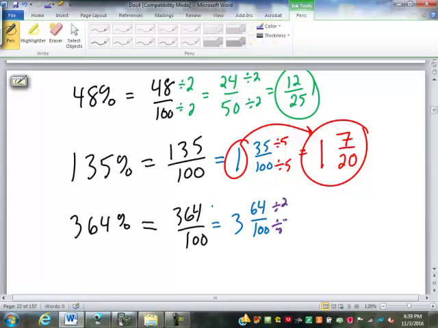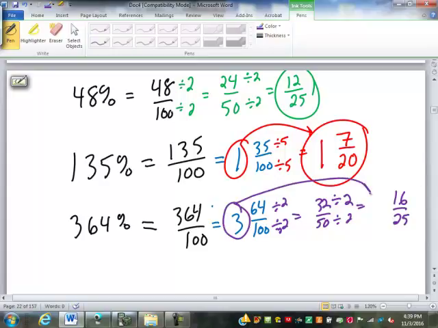Very good. Gives me 32 over 50. Am I done? No, both of those can divide by 2. Give me 16 25ths. Am I done? Sort of. Bring the 3 over there. Oh, you carry it with you as you go? Yeah. That's probably the safest way to do it.